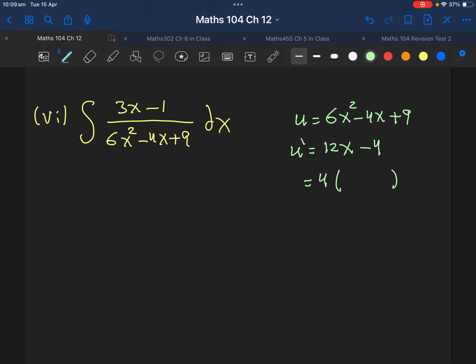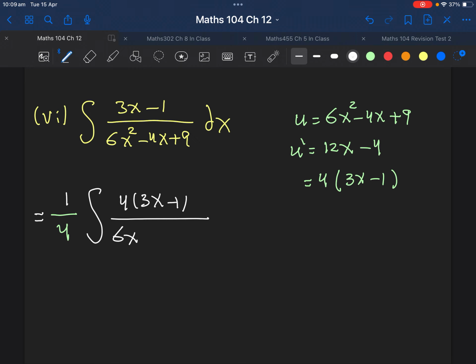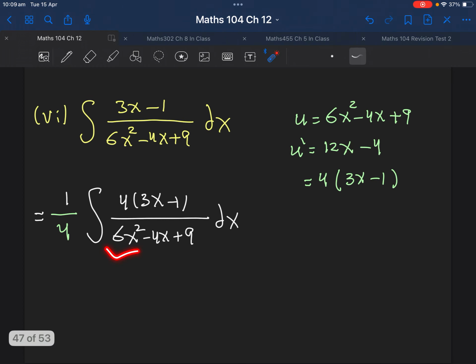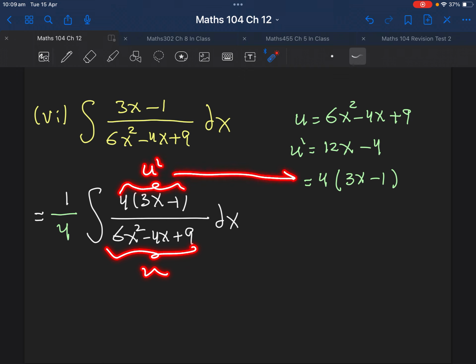So the idea, let's take 4 as a common factor. What do we get? We get 3x minus 1. And that's exactly this one, but I'm missing the 4. What should I do with the 4? I just need to divide by the 4. Now we are in the situation where we have u, and here is u prime.